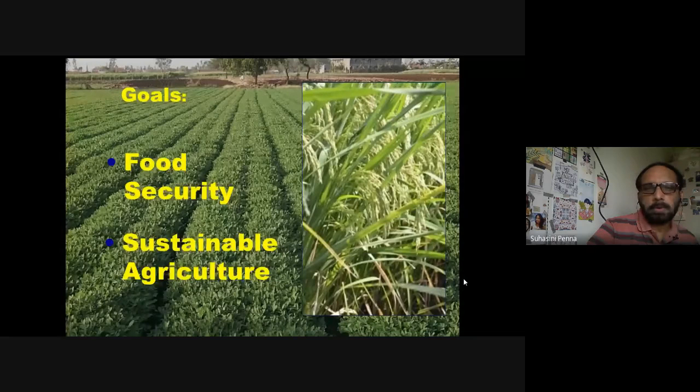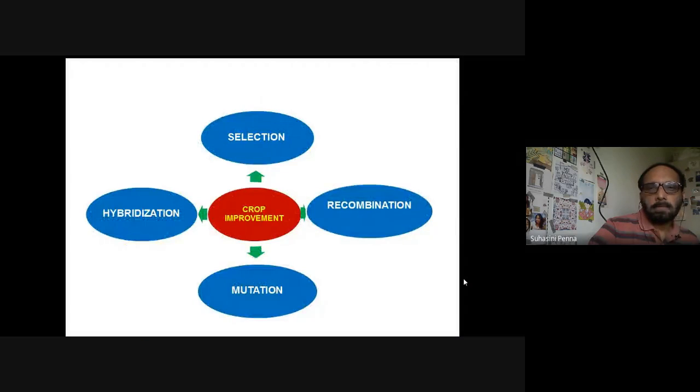These two are very important for us. In order to achieve these over the past several decades, maybe a couple of centuries also, breeders have been following four approaches mainly: selection, hybridization, recombination, mutation. Whatever crop improvement has taken place has been one of these.